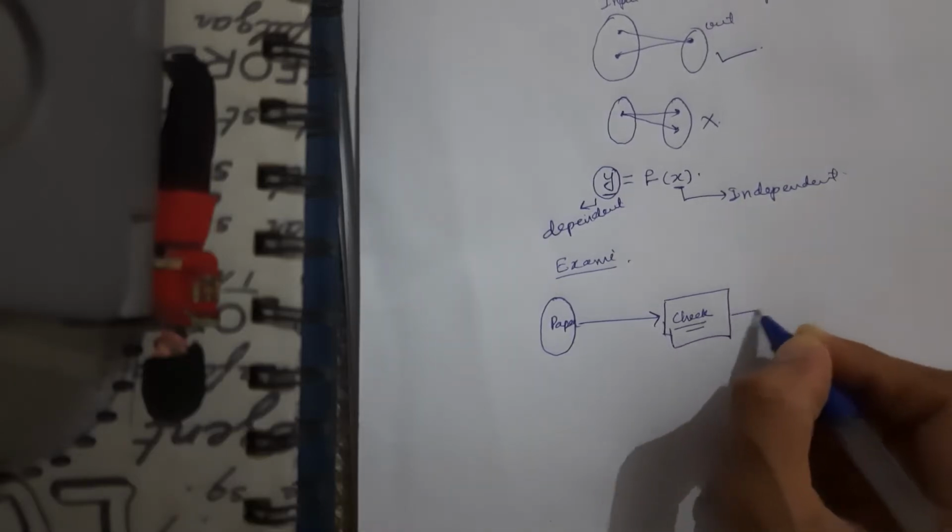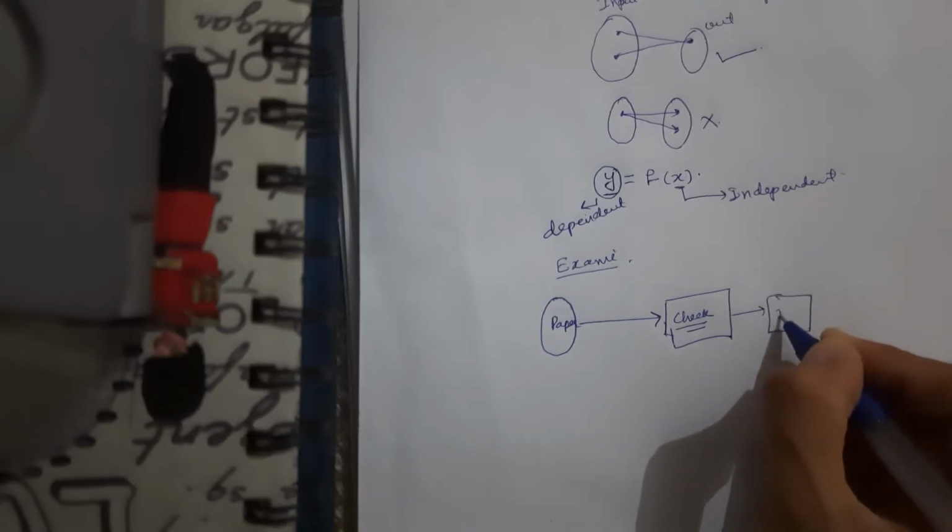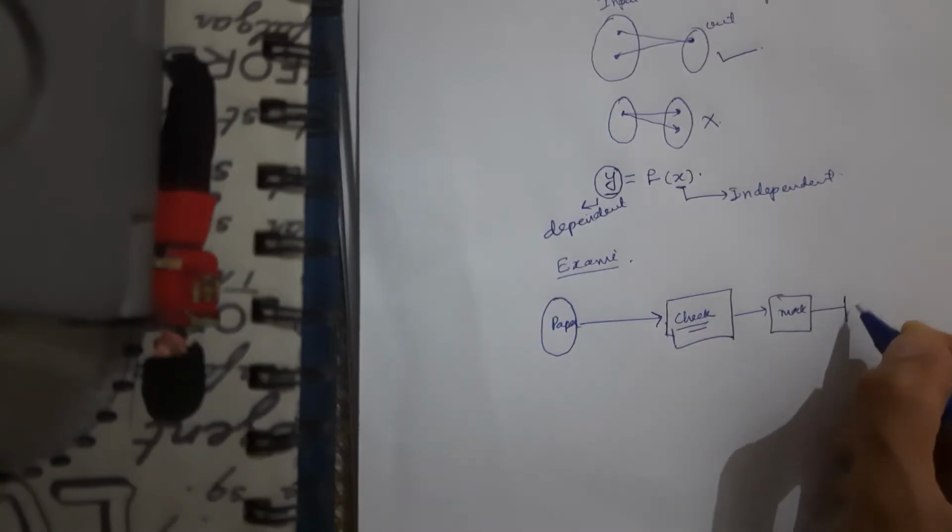Based on those rules you get marks, and based on these marks you get pass or fail. We have a criterion that if you score marks above 40% or 42, then you pass, less than 42 then you fail. We have these kinds of rules.